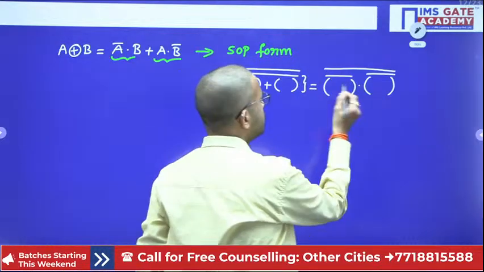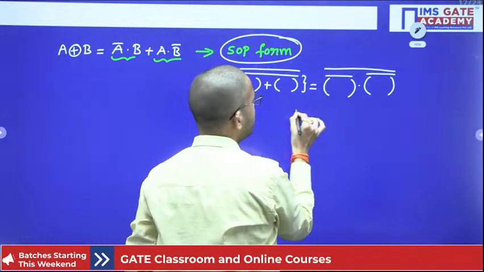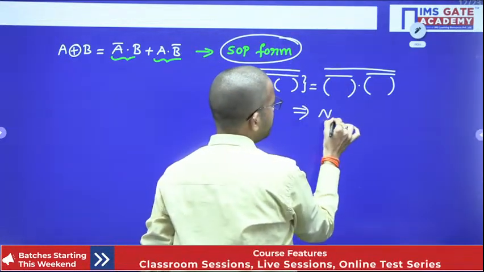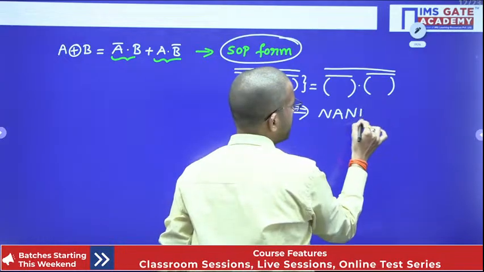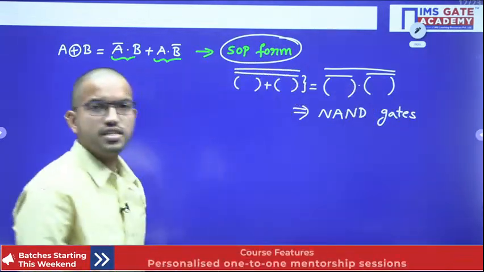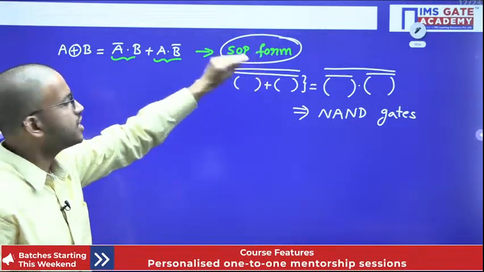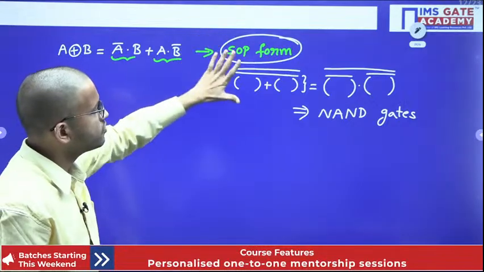So whenever you are having the original function in SOP form, with the help of NAND gates we can easily implement. This is one approach. In general, with the help of a Boolean function, after doing simplification, if you are getting SOP form, this is the approach.